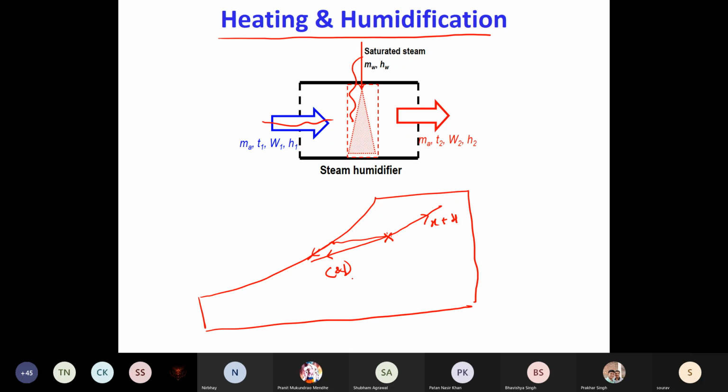If you have just an electrical heater, you will only have sensible heating. If, instead of supplying heat only through an electrical heater, you supply heat in form of steam, then definitely incoming air will heat up when it mixes with the steam, as well as it will humidify.